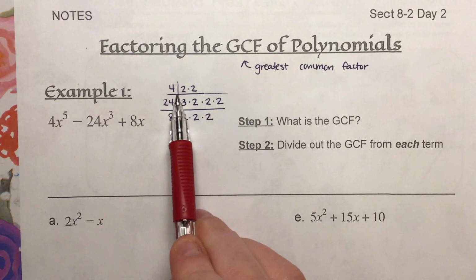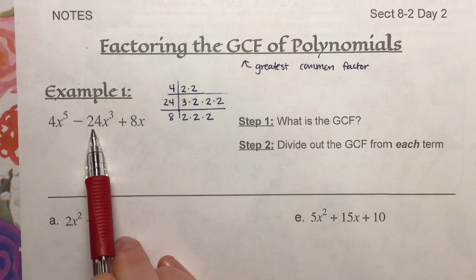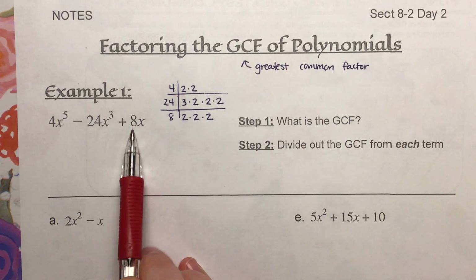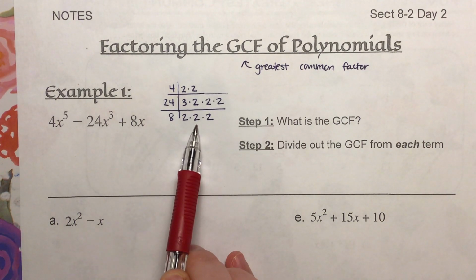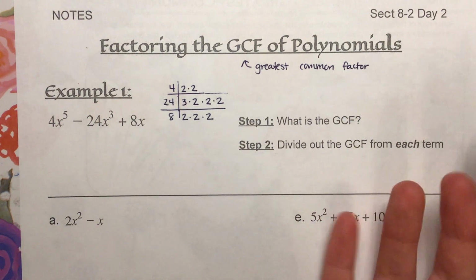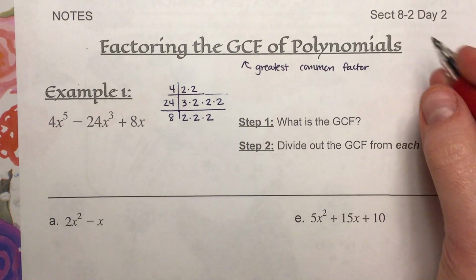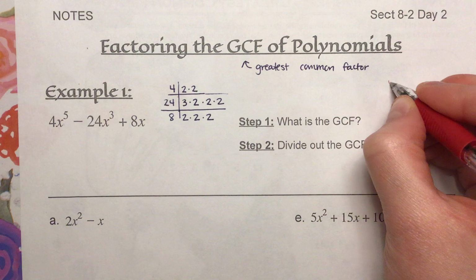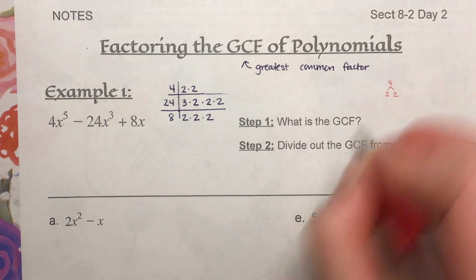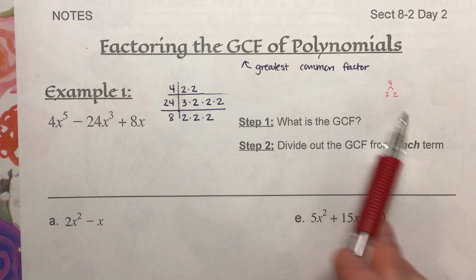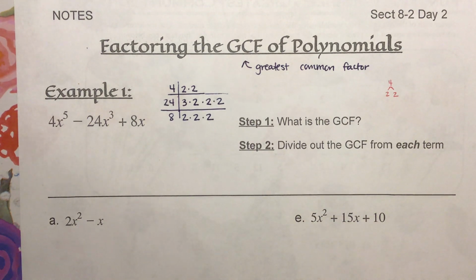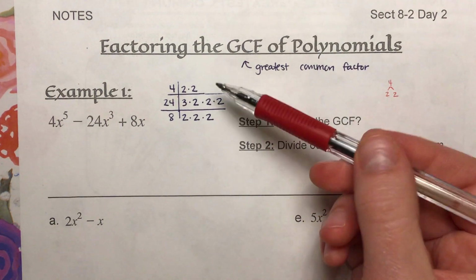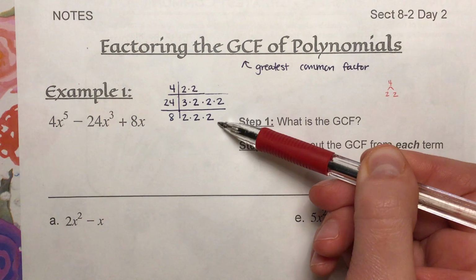So this 4 came from right here, this 24 came from right here, and this 8 came from here. And I just broke them down into their prime factorization. The way you can do that is by using a factor tree, like when we had 4, that breaks down into 2 and 2, like that. I just didn't do all the factor trees here. So now we're saying, okay, what does this have in common, this have in common, and this have in common?